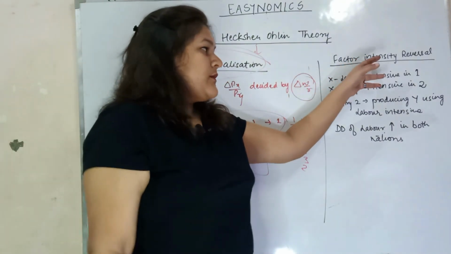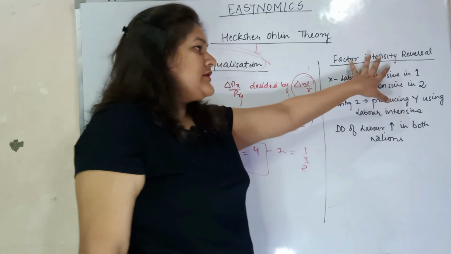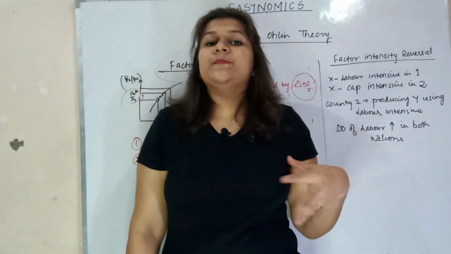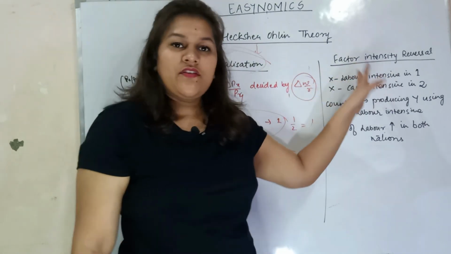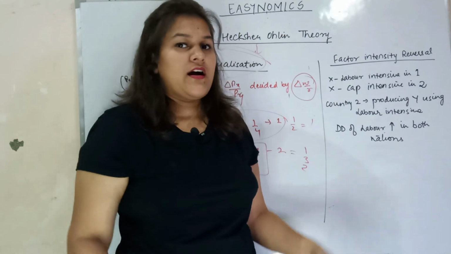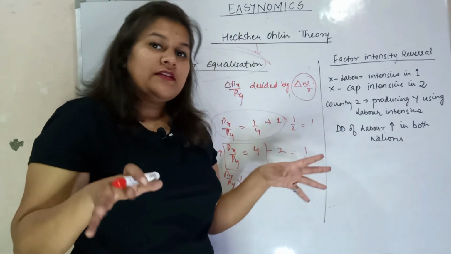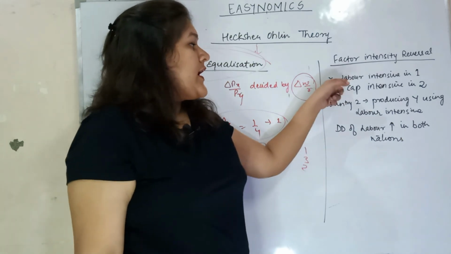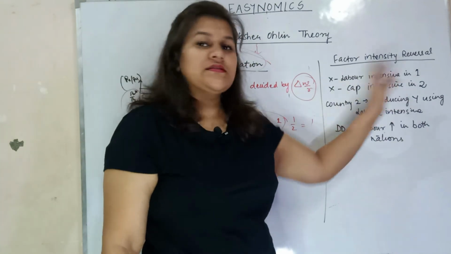Now let's come to the factor intensity reversal. Factor intensity reversal explains a specialization case in which X is labor intensive in country 1 but capital intensive in country 2. Till now we were assuming that X can be produced using labor intensive method in both the countries, but now X is labor intensive in country 1 and X is capital intensive in country 2.